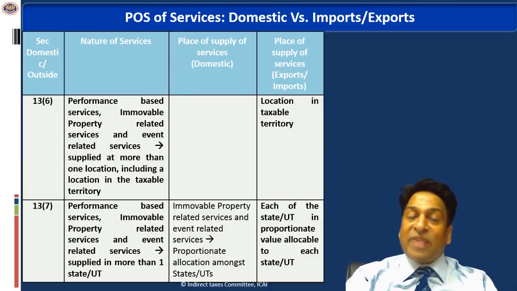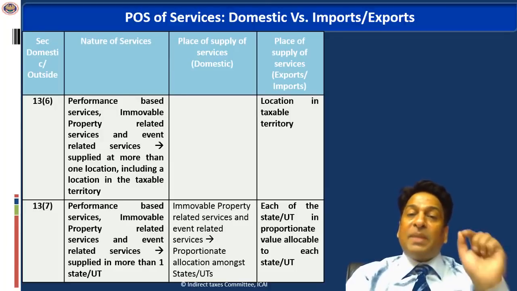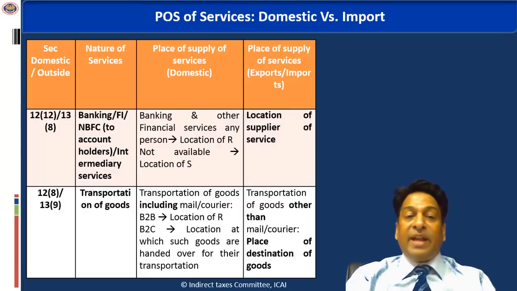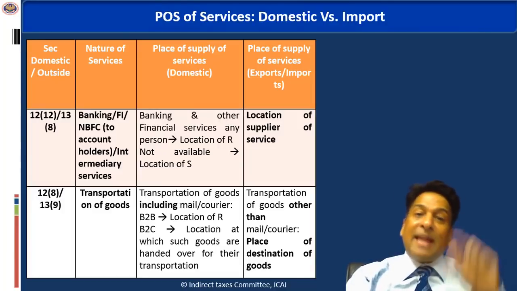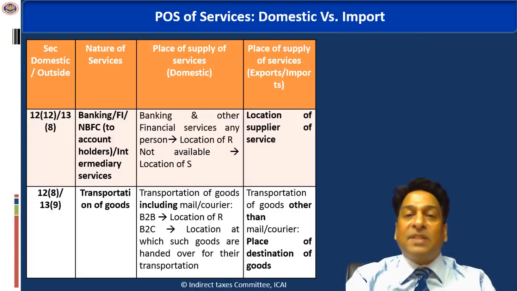So what is stated under section 13 subsection 7 for performance based, immovable property related and event related services supplied in more than one state or union territory: the place of supply would be each of the states or union territories in proportionate value allocable to each state or union territory. For banking or intermediary services, erstwhile Rule 9 of POP Rules 2012, it is the location of supplier of service.